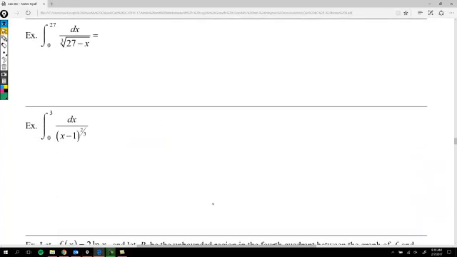All right, let's try some more complicated functions. If I plug 27 into this function, I divide by 0. It's a bad number. So I combat that by rewriting it as a limit.